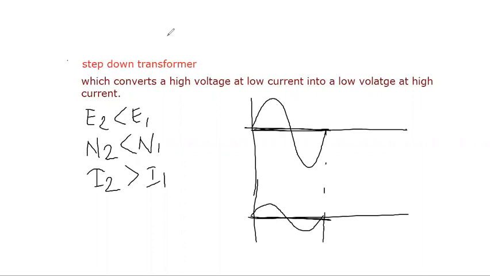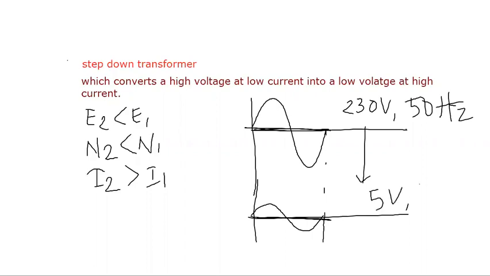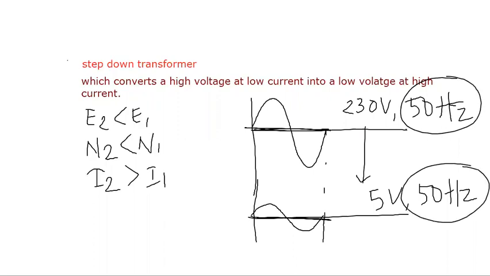So remember, this is a very important point that the transformer does not change the frequency. So say if it was, for example, 230 volt, 50 hertz, then it will bring it down to 5 volt, but the 50 hertz will remain the same. So it does not bring any change in the frequency. So this is something that you must always remember.